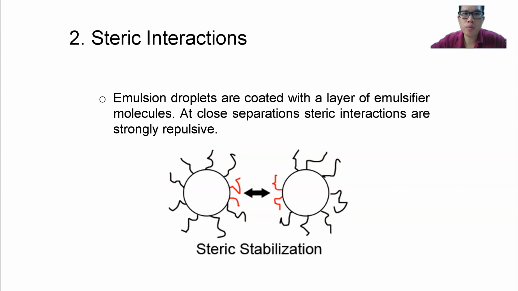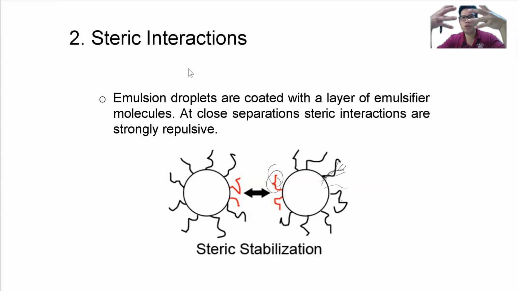Another one is what we call steric stabilization. Steric stabilization is when the emulsifier is very large. Usually, if the emulsifier is very large, then it can extend all the way out from the emulsion droplets. When it extends out from the emulsion droplets, this extended region becomes a physical barrier.